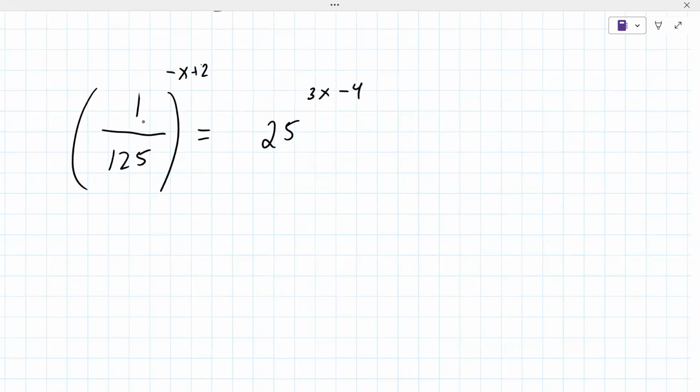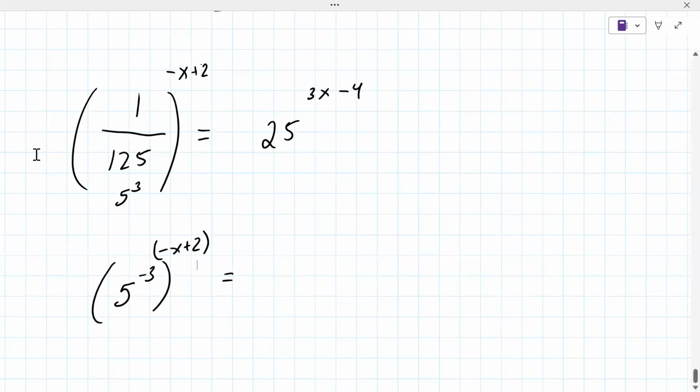So the way that they're going to try to be distracting here is one fraction, one whole number, but you can't go from 1 over 125 to 25. It kind of looks like you can, but 125 is really 5 to the power 3, and 1 over 5 to the power 3 is 5 to the minus 3, to the minus x plus 2 power. Is that clear? How I got that?